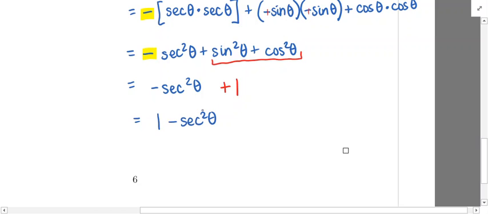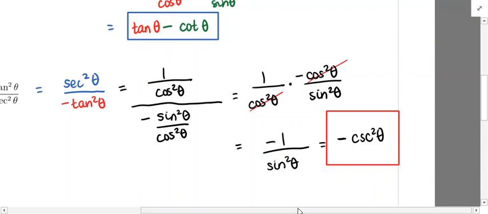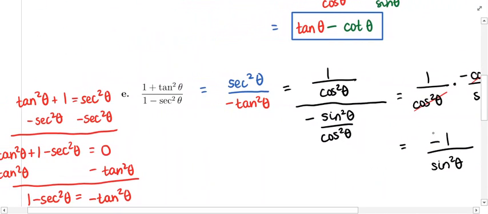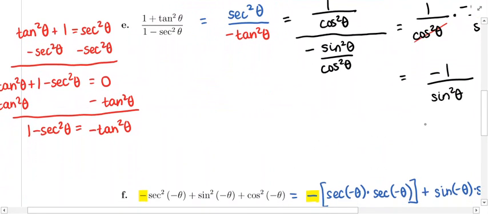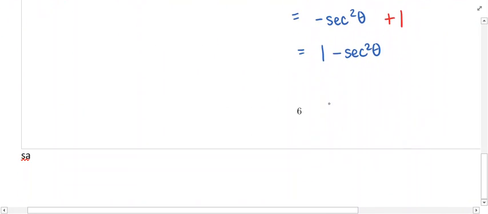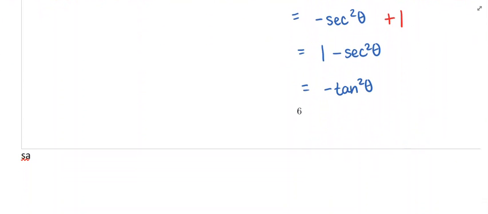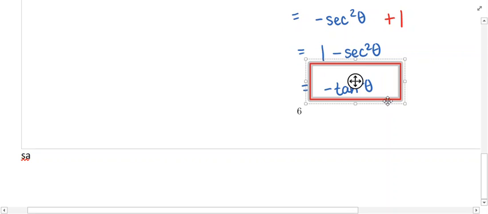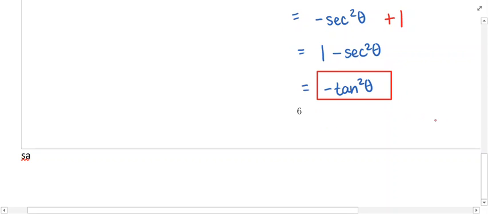And we know from going above that 1 minus secant squared theta is the same thing as negative tangent squared theta. So this whole thing turns into the negative tangent squared of theta. That's how this simplifies, or not necessarily simplifies, but this is how you rewrite it as an equivalent trigonometric expression.